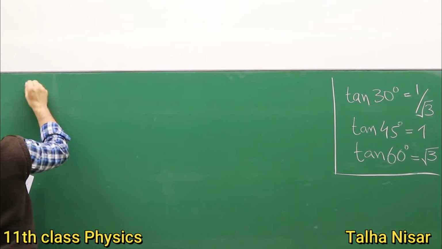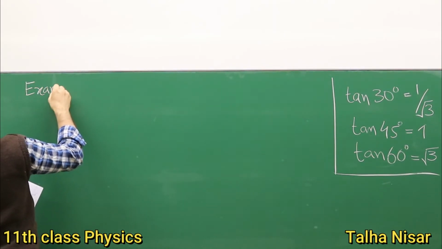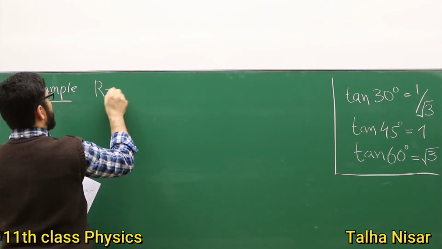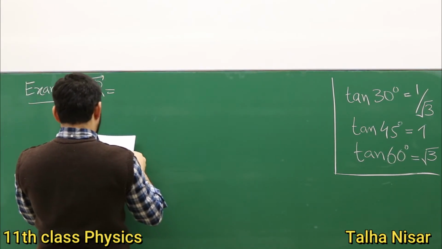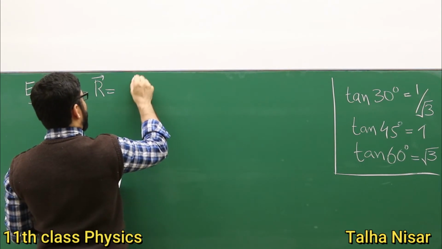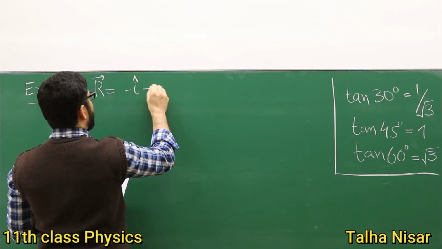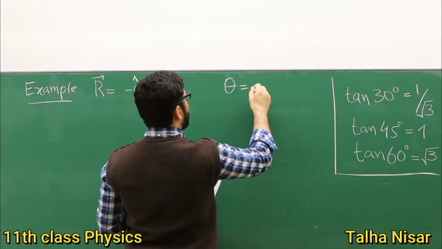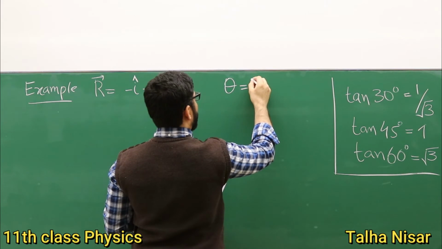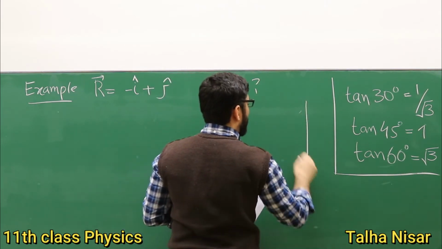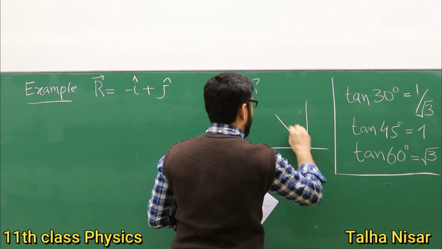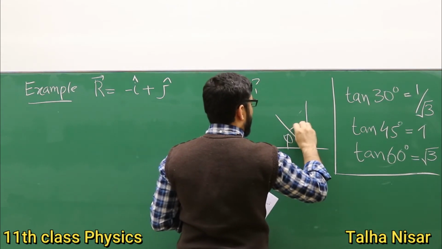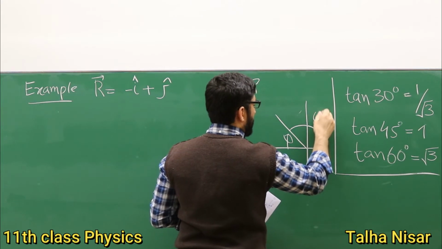So this is the example. When the resultant vector R is given as minus i plus j, it's again in the second quadrant, and we are asked what is the angle. Just to draw it again, this is the phi, and we want to know what is this angle, which is theta.